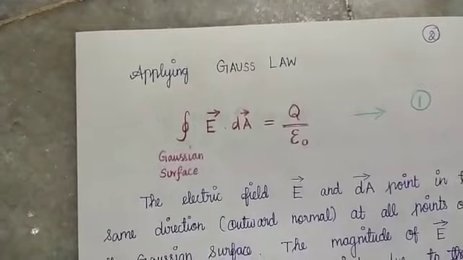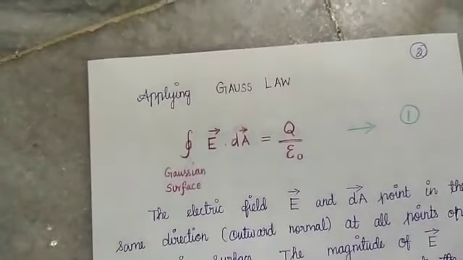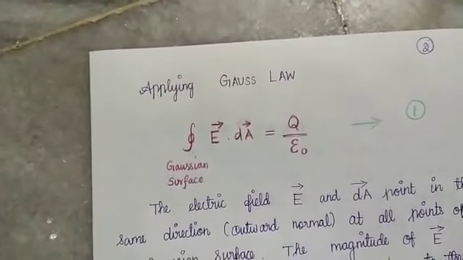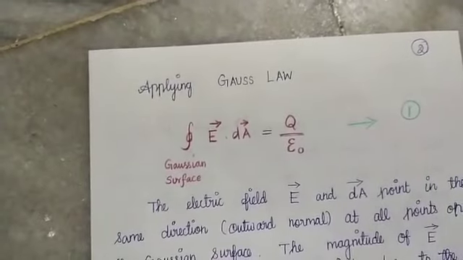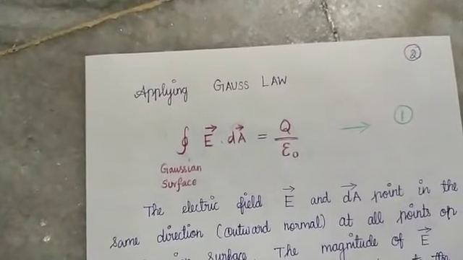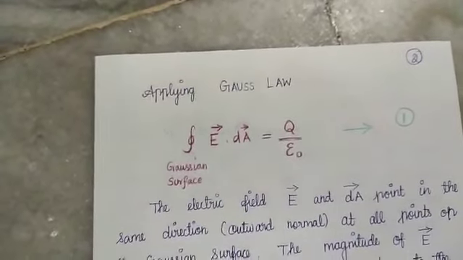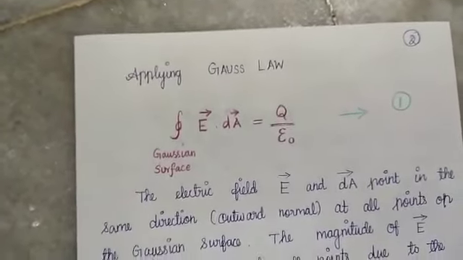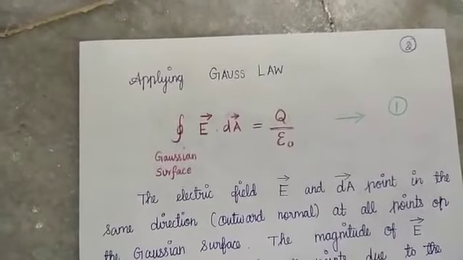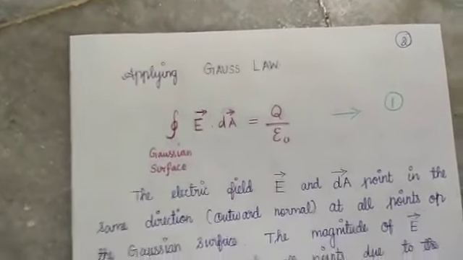The charge is present inside the sphere, but now I discuss how much the electric field is outside the sphere, inside the sphere, and on the surface. The three cases are discussed here.